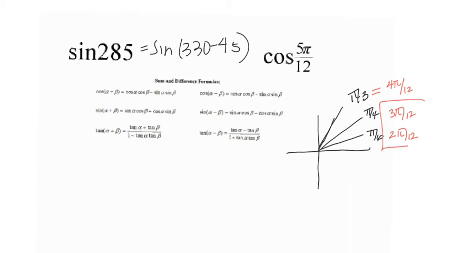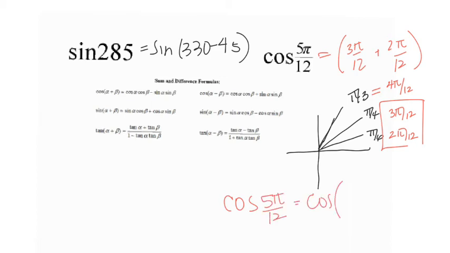Hopefully you see right here, you could add 3 pi over 12 plus 2 pi over 12. Once you know that, then you can write it out like cosine of 5 pi over 12 is equal to the cosine of pi over 4 plus pi over 6, so it's easier on your unit circle, but you need to change them all to twelfths first before you do this.